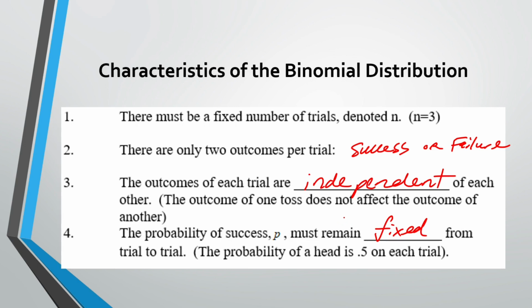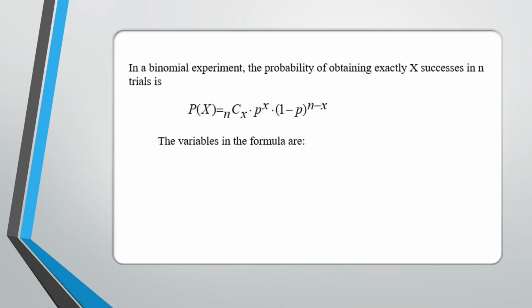Here, the probability of success is denoted with the letter P. In a binomial experiment, the probability of obtaining exactly X successes in n trials is given by the following formula.